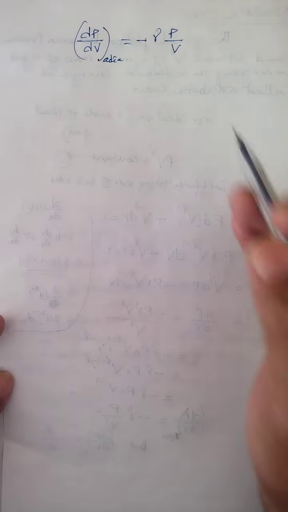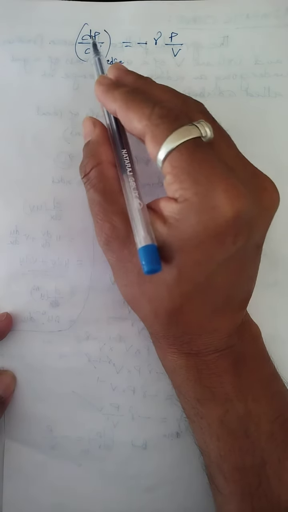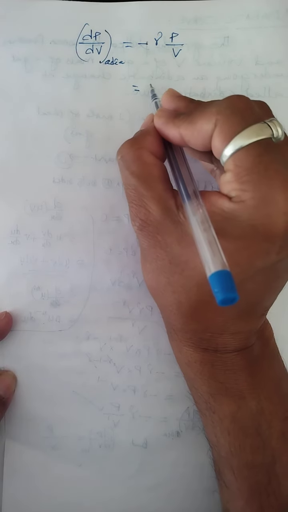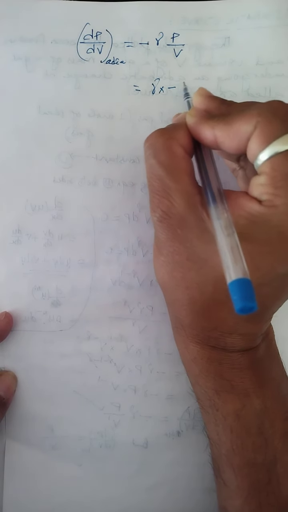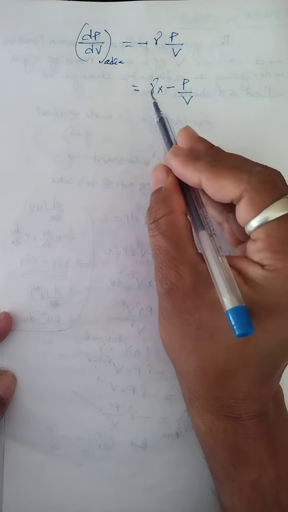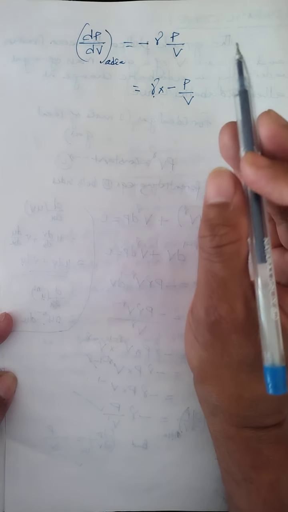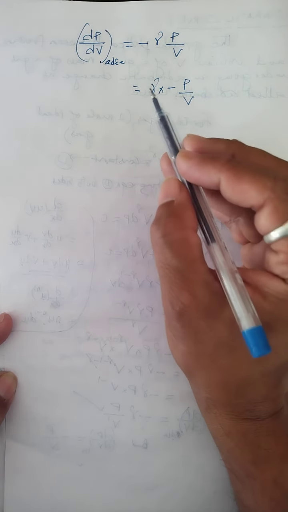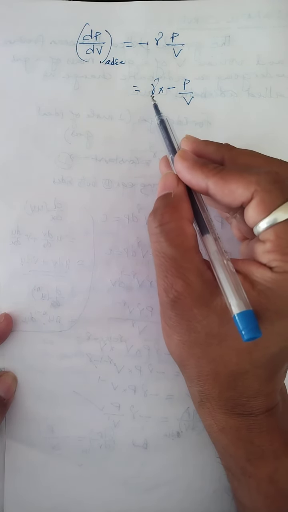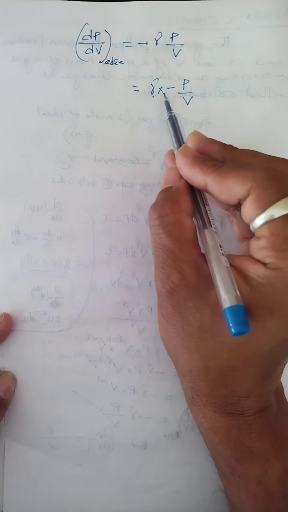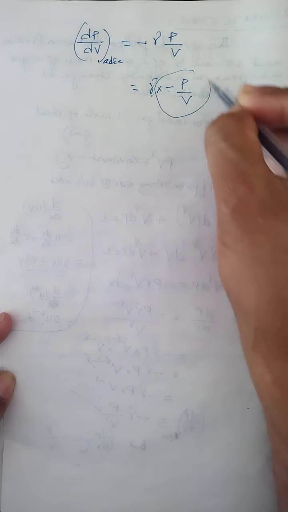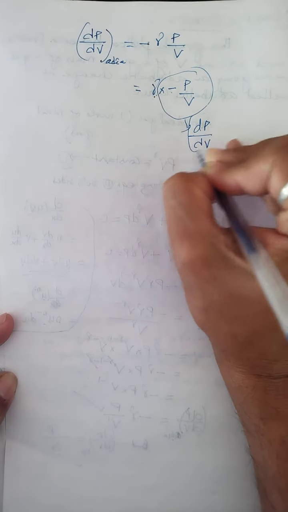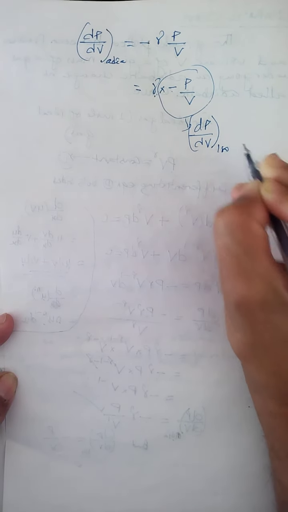So children, you can see now the relation, that is dP by dB adiabatic process equals minus gamma P by B. But can I write it this way? Gamma into minus P by B. Gamma is the ratio between the two molar specific capacities at constant pressure and volume, and this quantity is always positive. So I write gamma into minus P by B, and this minus P by B is nothing but dP by dB, the slope for the isothermal process.